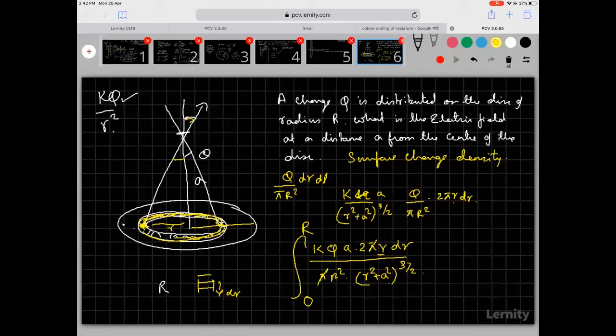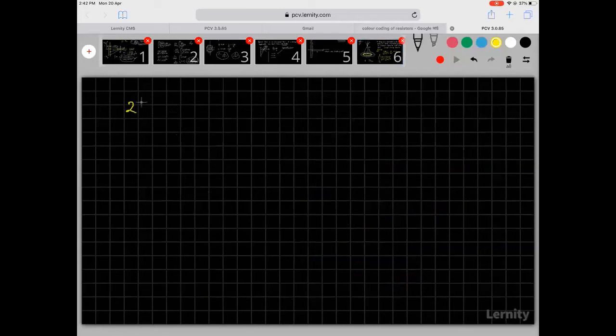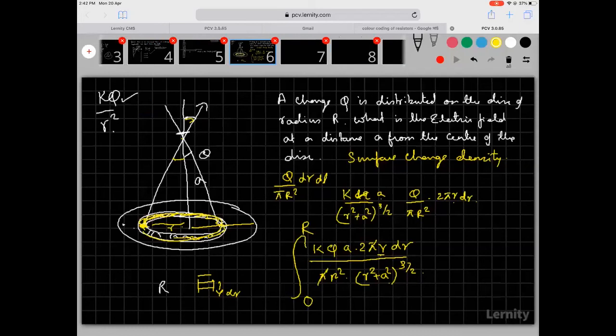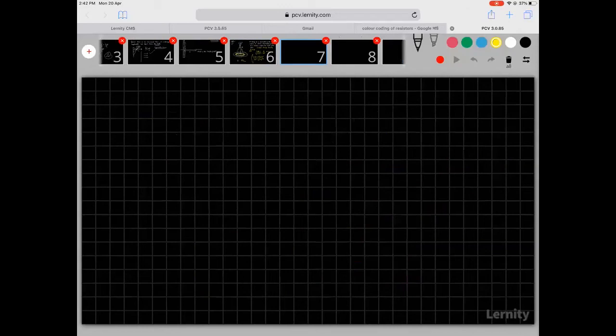So then kqa, so 2kqa, so it is 2kqa r dr divided by r squared plus a squared power 3 by 2, where a is the distance from the disk, R is the radius of the disk.